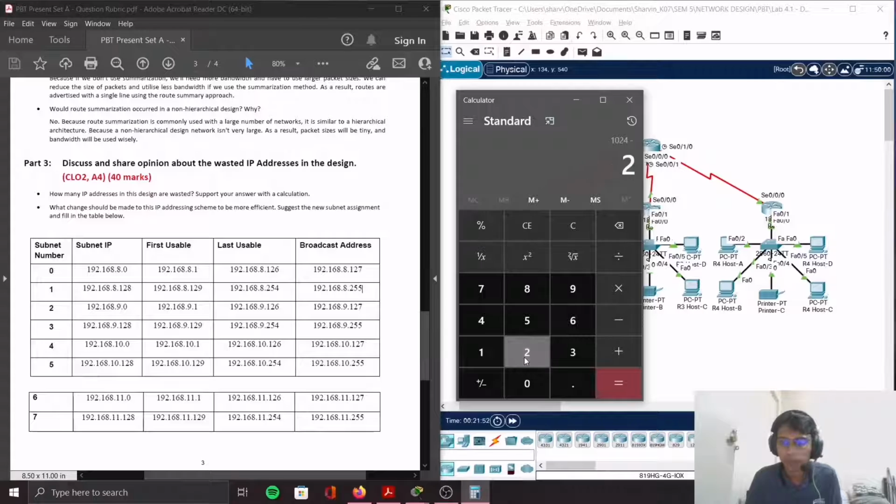We have to subtract 2, because one is used to define the subnet and another is used to define the broadcast IP.